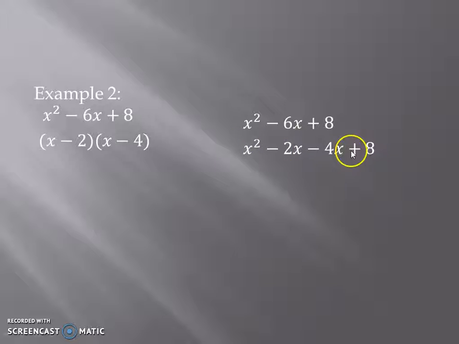Since they're already grouped here, I'm not going to put the brackets in because, as I explained, you don't need to. Right now we have to get these numbers to equal the same in the brackets. Well, we see that we have an x squared minus 2x. The common factor that goes in there is x. And we have to make the bracket in here equal the same in here. So we have to take this -4x and make it a positive 4, and make this 8 into a -8.